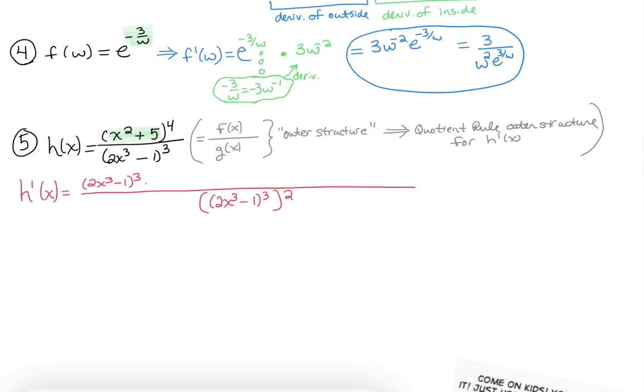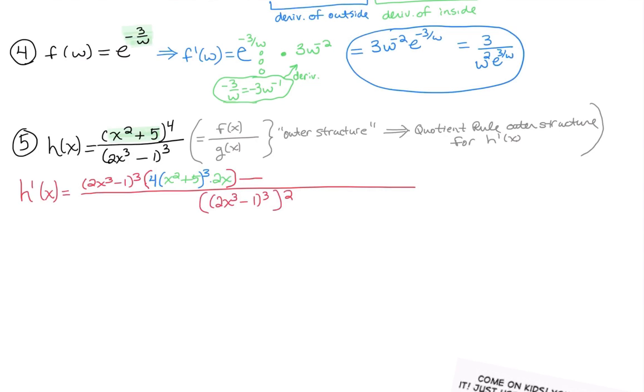So this derivative is going to be, by chain rule, the inside function left alone, so x squared plus 5, and then that to the 3rd power, times the derivative of the inside, so times that 2x. So this represents the derivative of your numerator, using, of course, the required use of chain rule here.